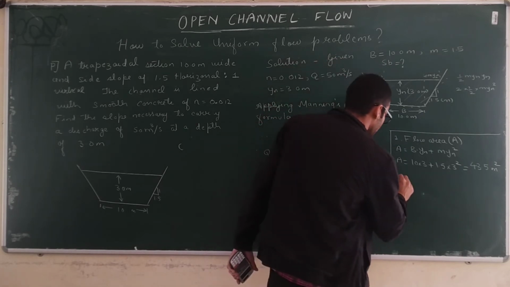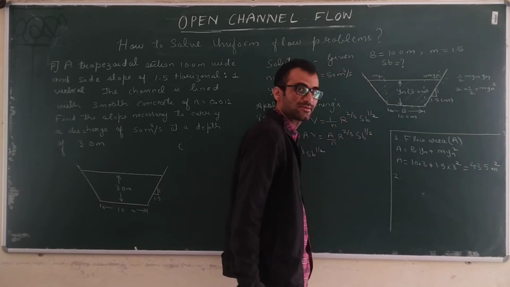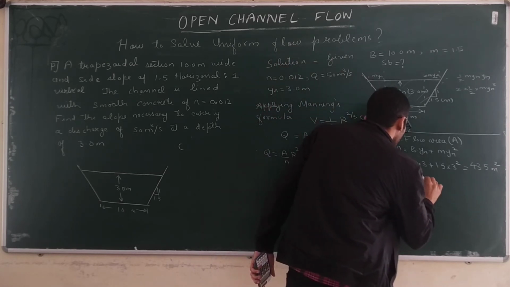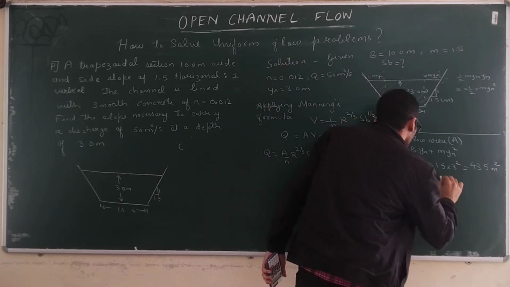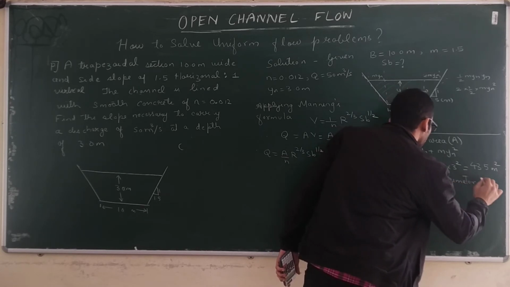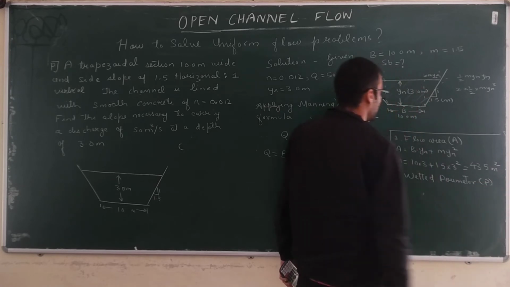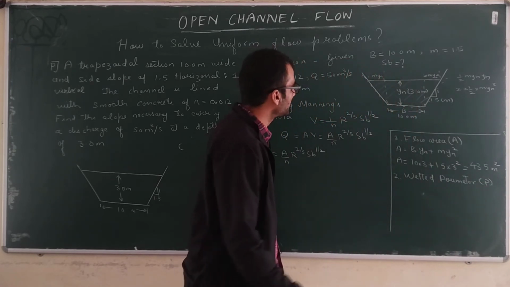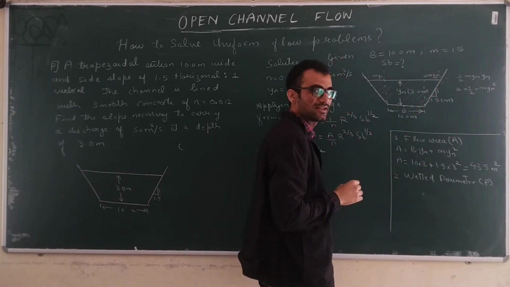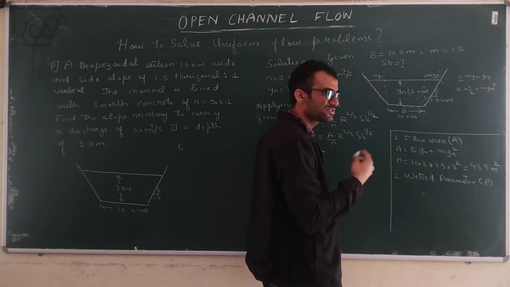Now what is the second flow parameter? That is the wetted perimeter. It is denoted by capital P. Wetted perimeter is the length of the cross section that is in contact with the flow, or which is wetted by the flow.